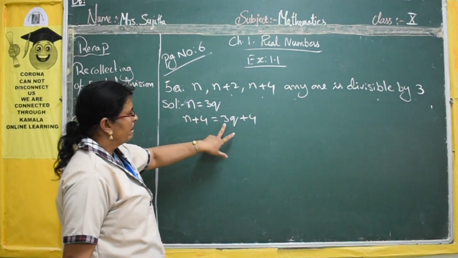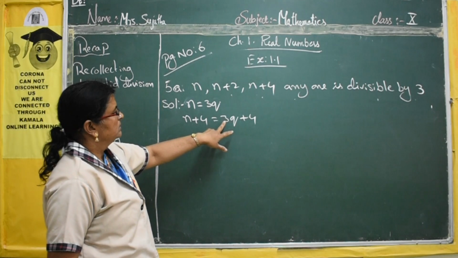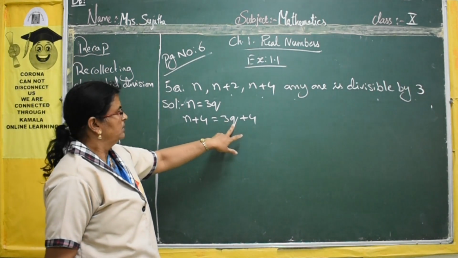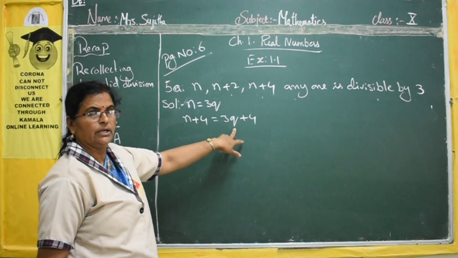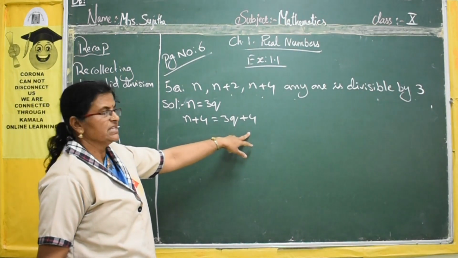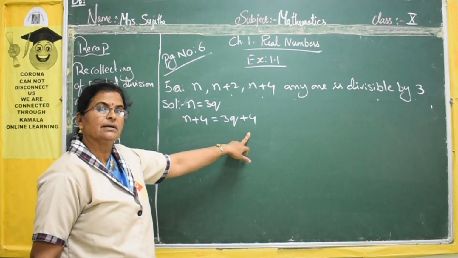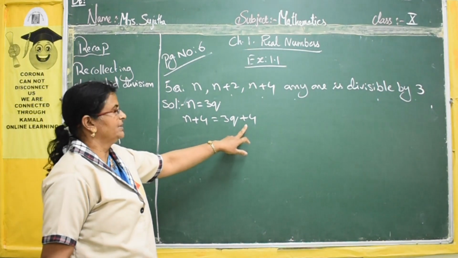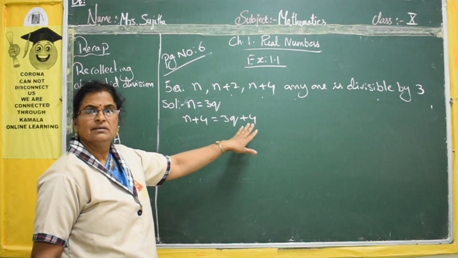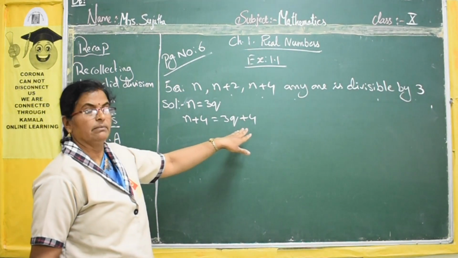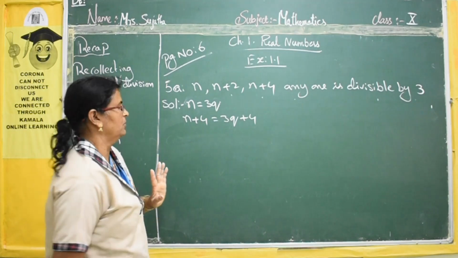Suppose if I take q equal to 1, 3q is 3 into 1, 3, plus 4 is 7. Again, are you getting complete division? No. 7 is not divisible by 3. So what remainder are you getting? 1 as the remainder.